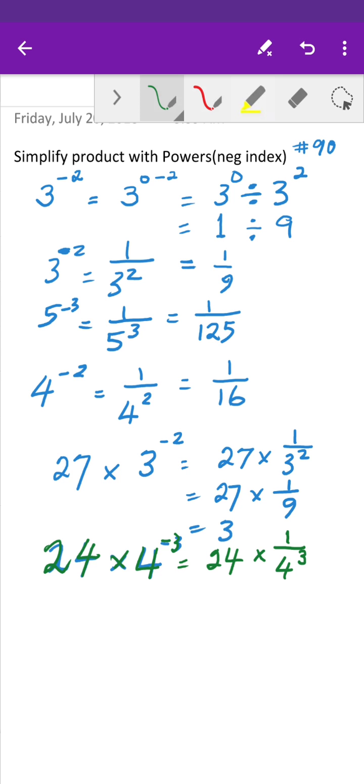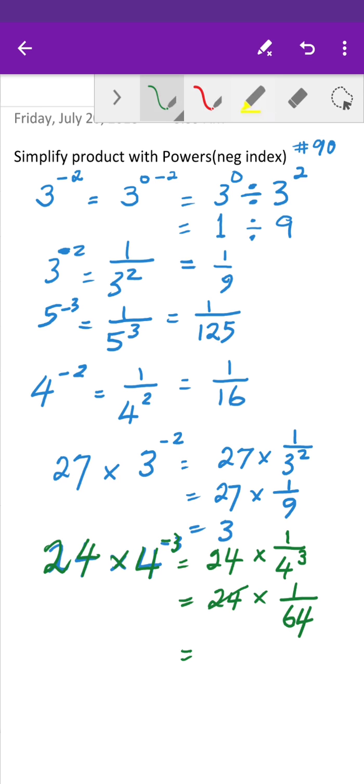And now 24 times 1 over 4 times 4 times 4. 4 times 4 is 16, times 4 is 64. Remember, the cube root of 64 is 4, and 4 times 4 times 4 is 64. We simplify this by cancelling common factors.